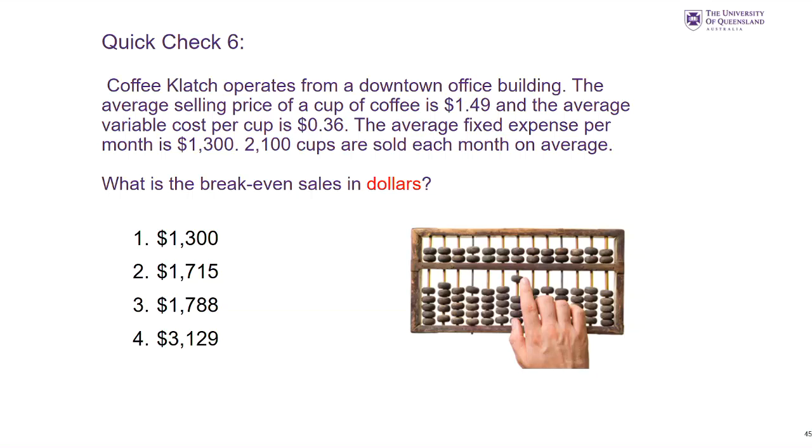What do we do? Fantastic. You just multiply the break-even point in units by the selling price. We know the selling price is $1.49, so we're going to get to 1,715 or thereabouts. Is that all good? Great.